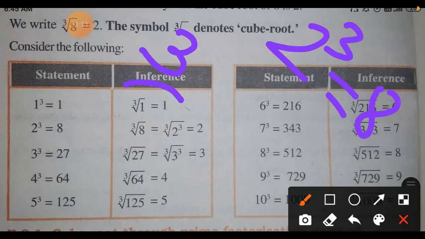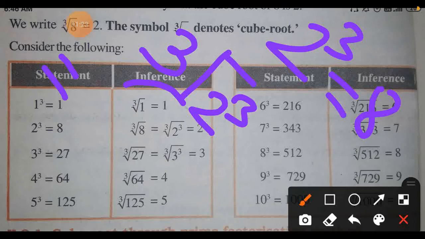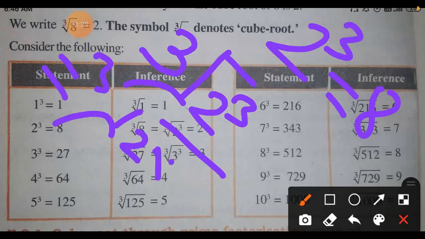The cube root of 2 raised to the power 3 is equal to 2 multiplied by 2 multiplied by 2.